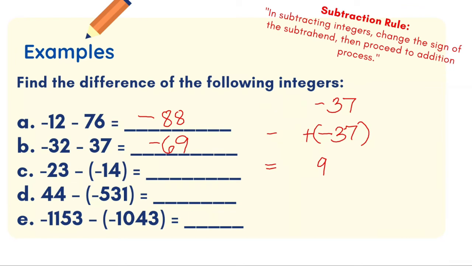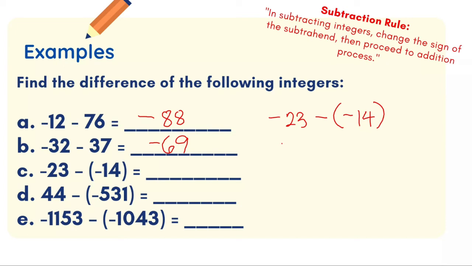I-try naman natin ngayon yung letter C. Yung letter C, we have negative 23 minus negative 14. So, same pa rin yung i-apply natin na principle. So, we have negative 23 minus negative 14.